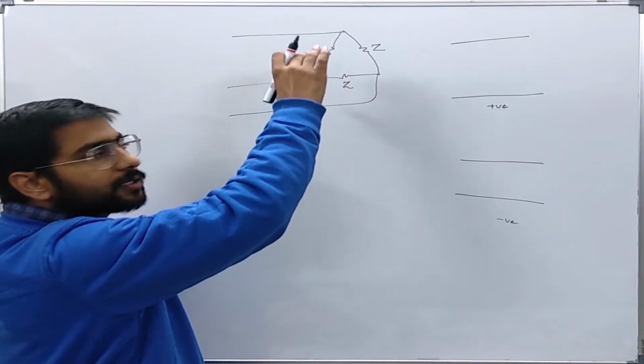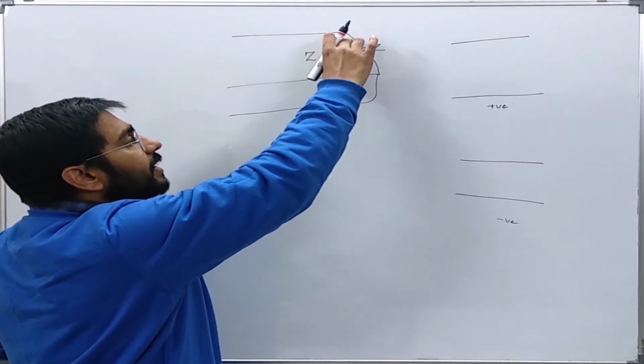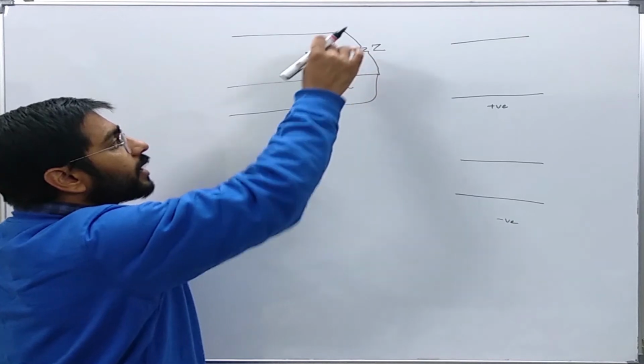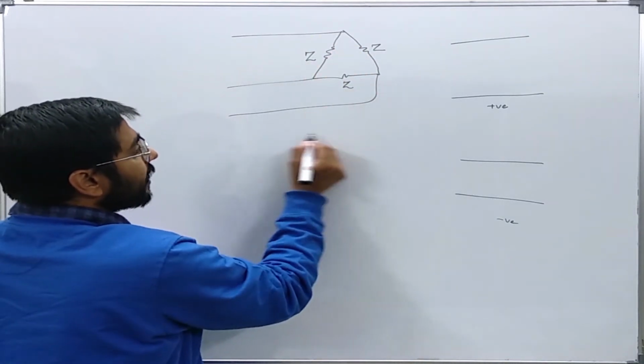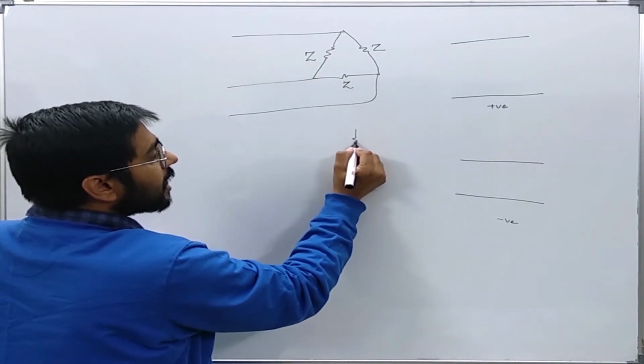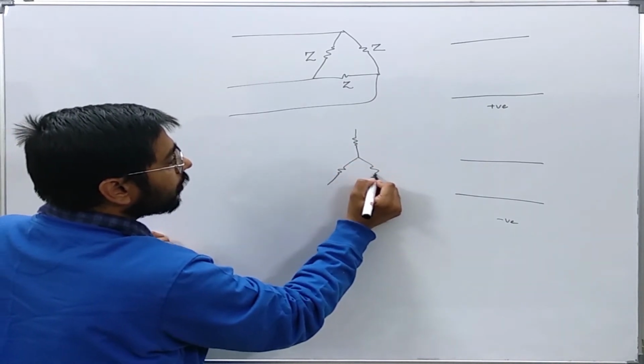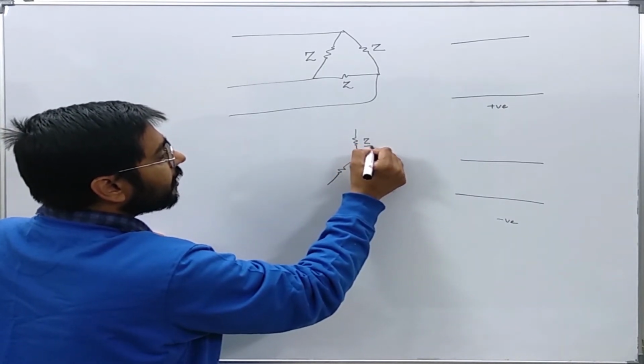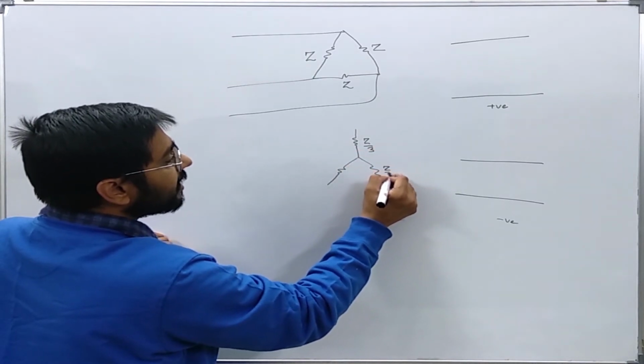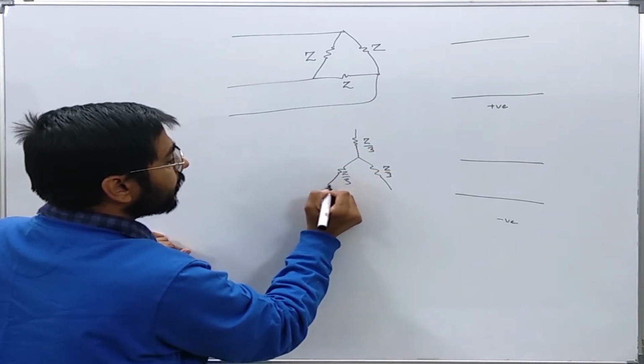Now, the impedance per phase, that is with respect to line and neutral, will be found if I convert this delta to equivalent star. That will be Z by 3, Z by 3 and Z by 3.